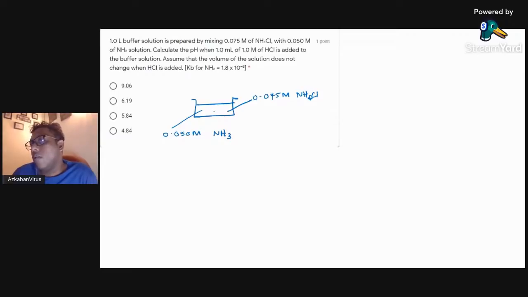Volume dia adalah 1 liter. Tiba-tiba you masuk 1.0 molar of HCl. Okay, so bila you nak solve soalan macam ni, first thing first, you kira dulu mol setiap satu komponen. Since kita ada volume, kita boleh kira mol dia.